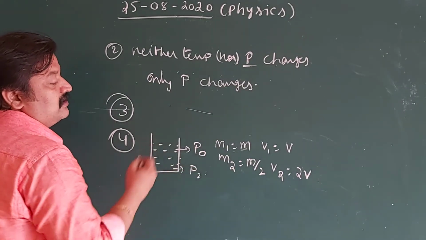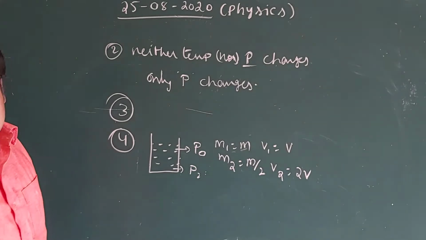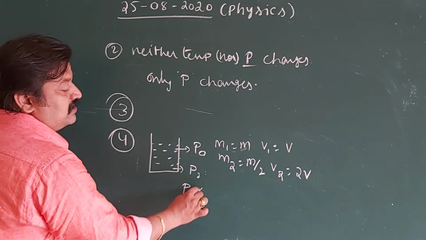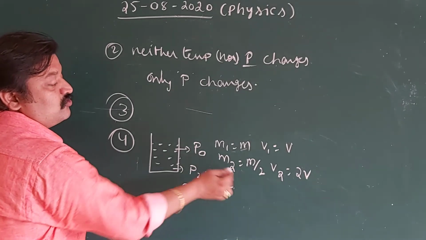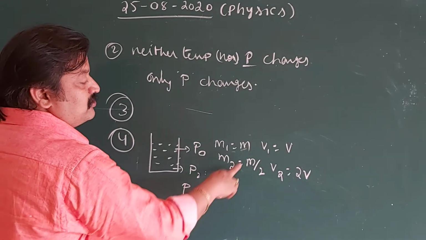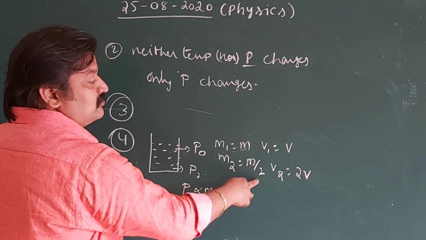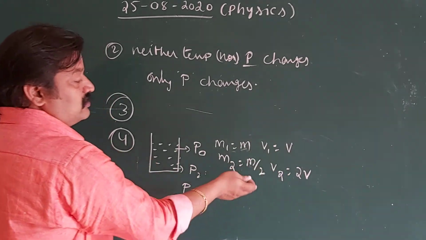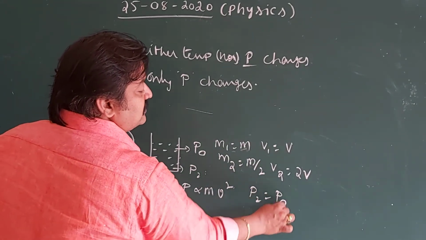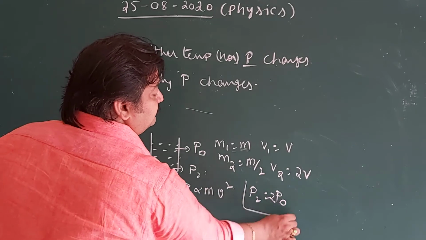P2 is what? Now we know very well the relation between pressure and these quantities: P is directly proportional to M and V square. So you can substitute P1 by P2 is equal to M1 by M2, where M1 is M, M2 is M by 2, V1 is V, V2 is equal to 2V, whole square. By simplifying all those things, you are going to get the new pressure P2 is equal to 2P0.